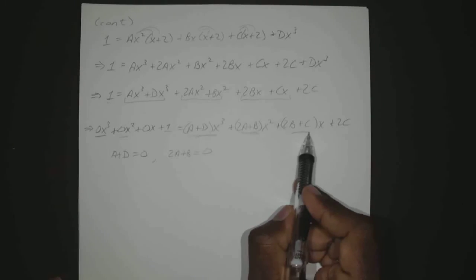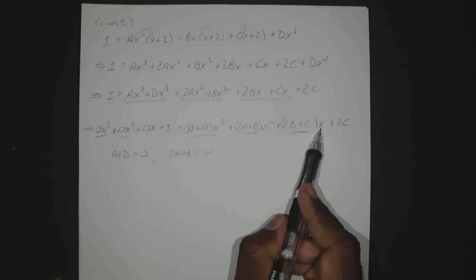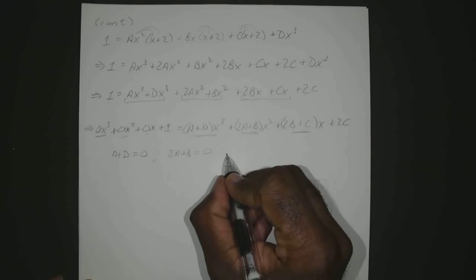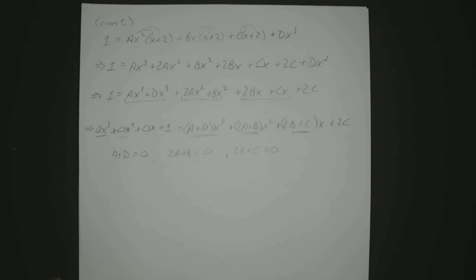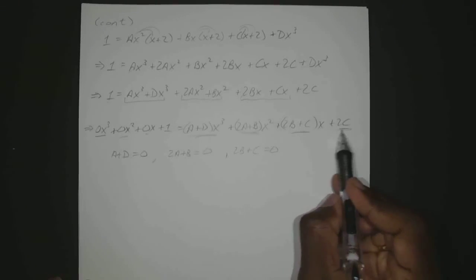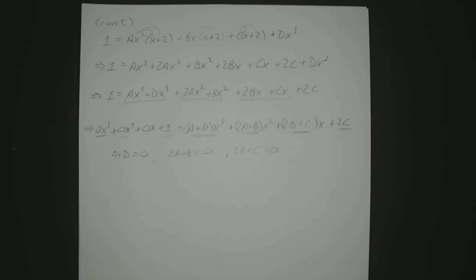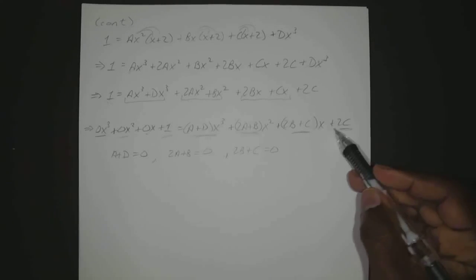Next to your x variable, 2b plus c has to equal 0. And for your constant, 2c has to equal 1, but we already figured out that c is equal to 1/2, so we don't really need that one.